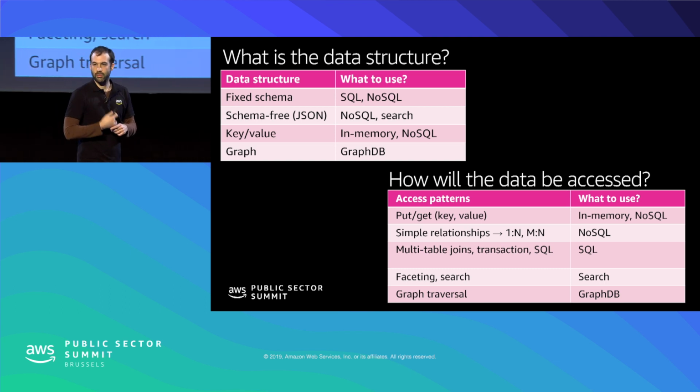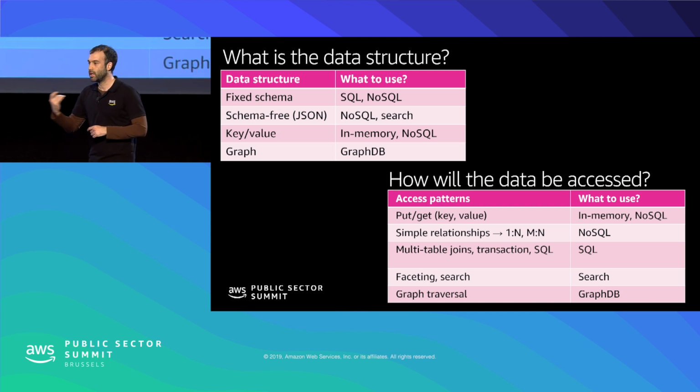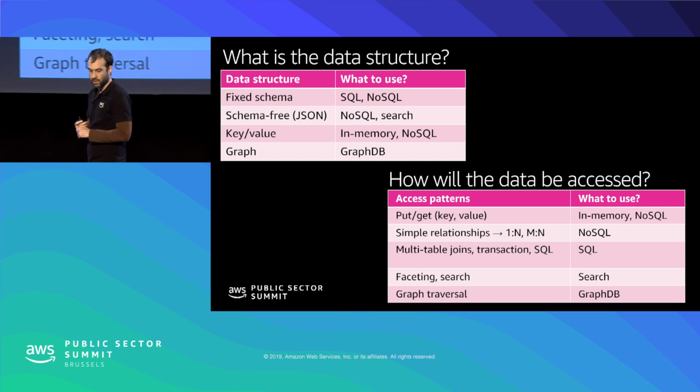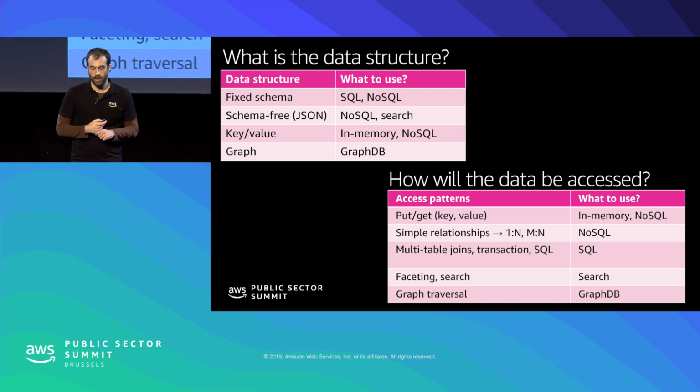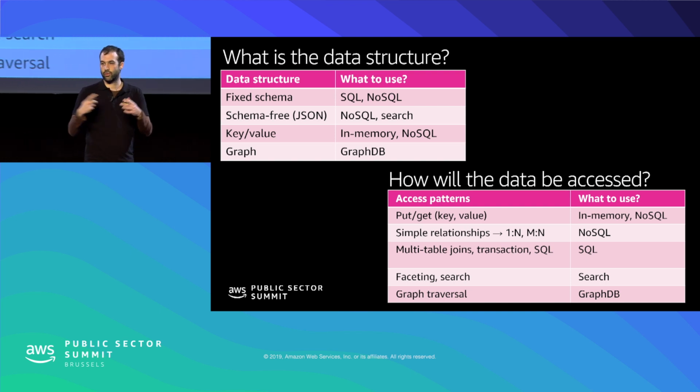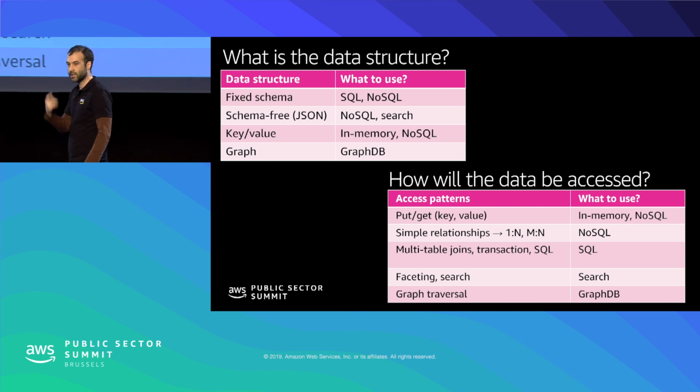If your latency requirements are really low, down to the microsecond, then you need to think of an in-memory cache in front of your database system or NoSQL database. And if you have graph traversals for querying, or graph structures in your data, you need to evaluate a graph database first.